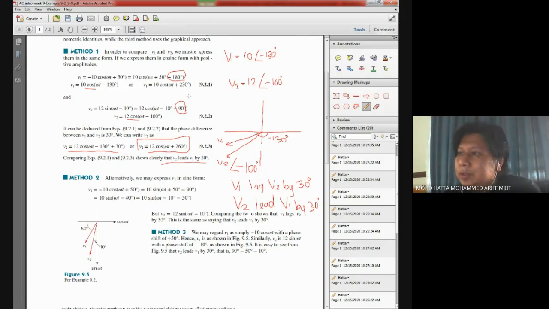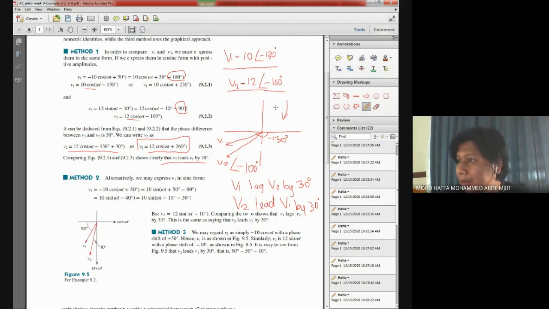This one should be something we need to modify in our equation. However, if you look at my strategy, since I've already converted the waveform into one single same form, for example, here we have a positive cosine waveform, I can straightforwardly write my waveform in polar form and draw the vector in graphical form.